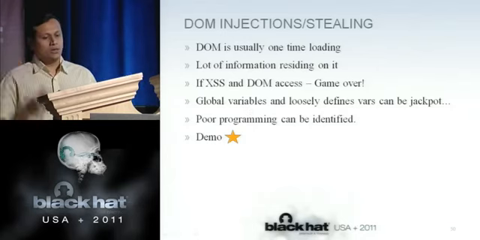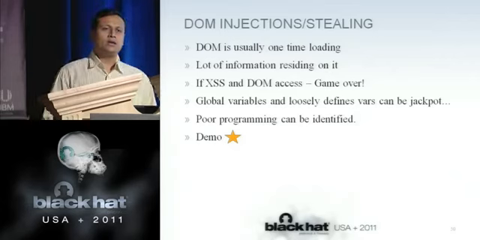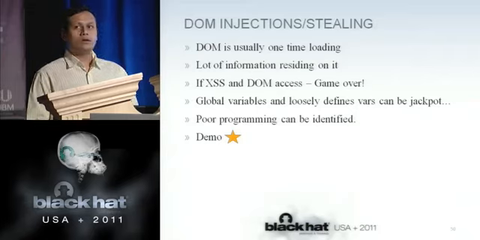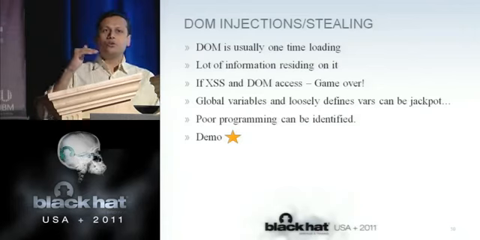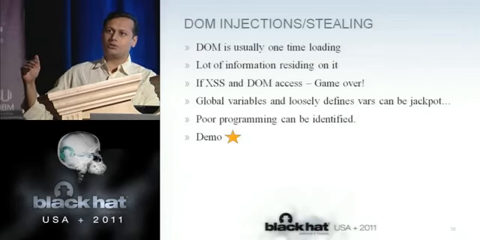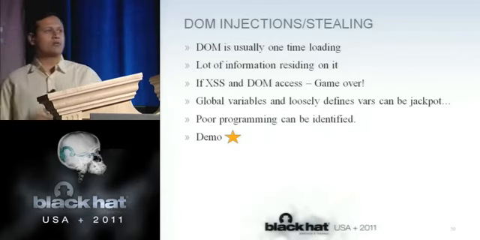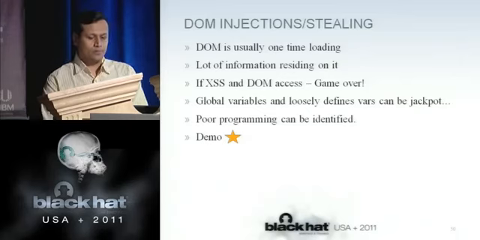Just look at Google or any Web 2.0 application and see how many global variables are created in your browser. All these global variables are nothing but local storage. So pretty much if you have XSS, then someone can harvest all the global variables from your browser.